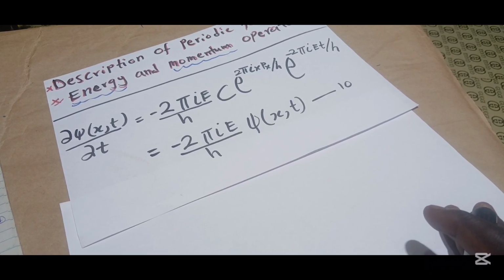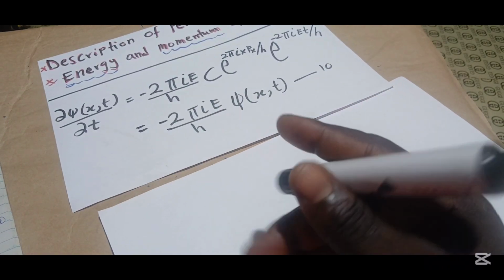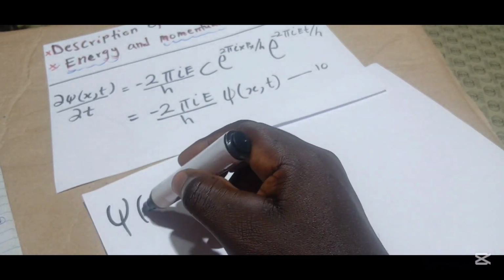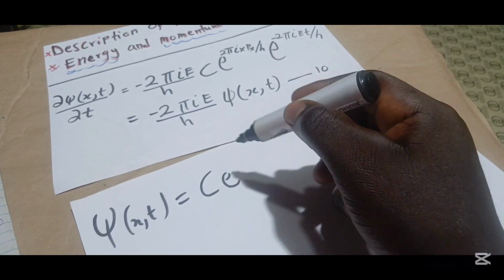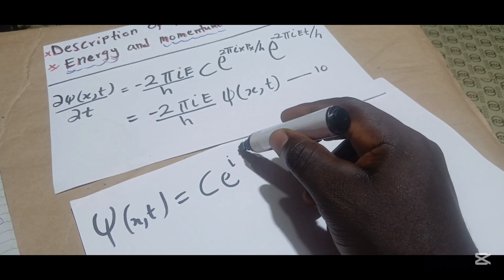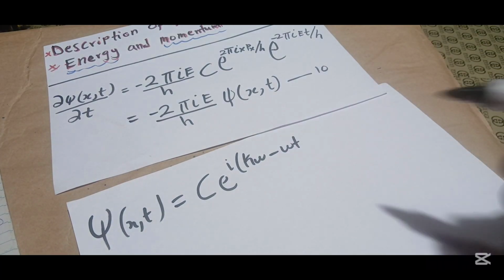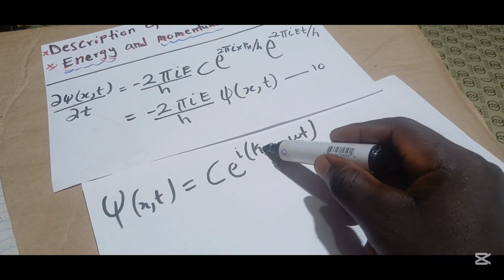Periodic motions arising from forces that occur in nature have attributes of a wave, described by a classical mechanics equation for a traveling wave as, let's say, psi(x,t) = e^(i(kx - ωt)), where omega is right here.